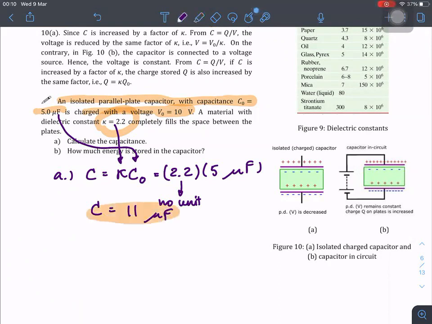That's part A. And B, how much energy is stored in the capacitor?